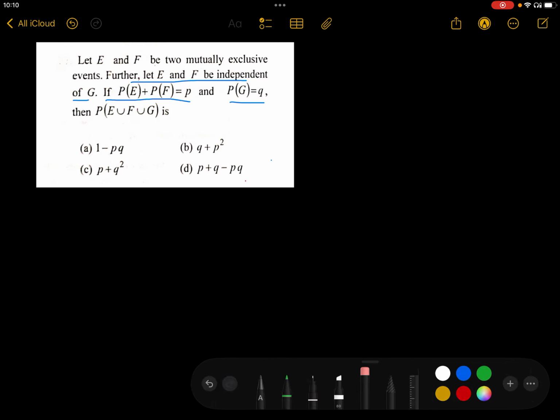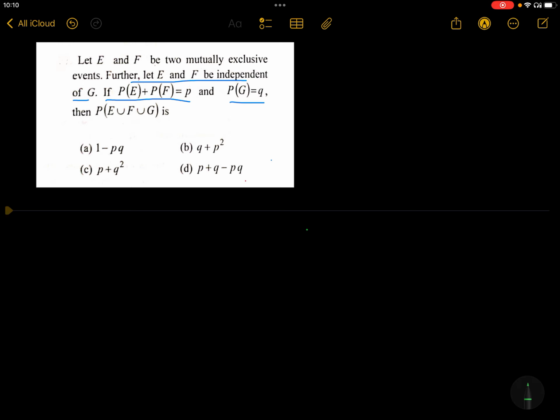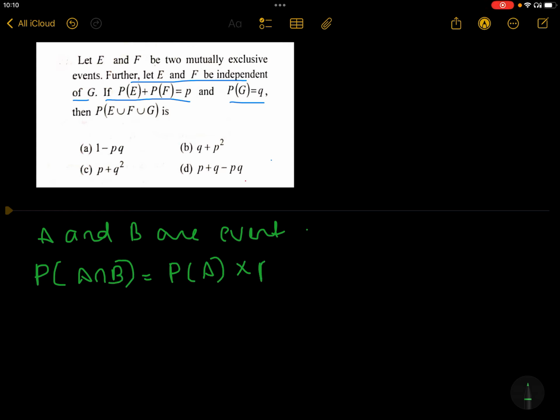They are said to be independent events if P of A intersection B is equal to P of A into P of B. That is the condition for independence.